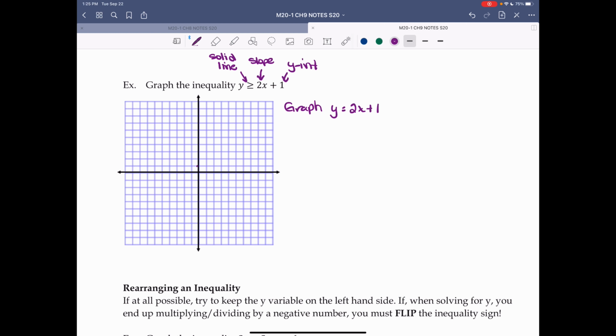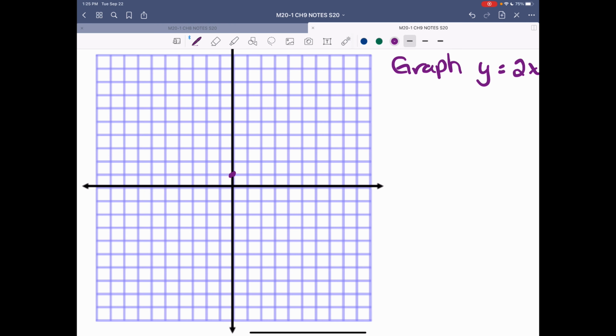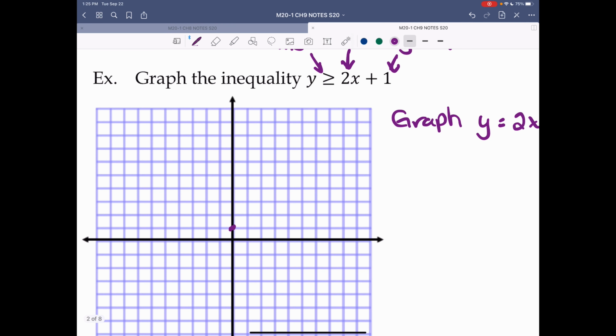Starting with our y-intercept of 1, our slope is 2, which is also 2 over 1. So rise is 2, run is 1. From my y-intercept, I go up 2, right 1, up 2, right 1, up 2, right 1.